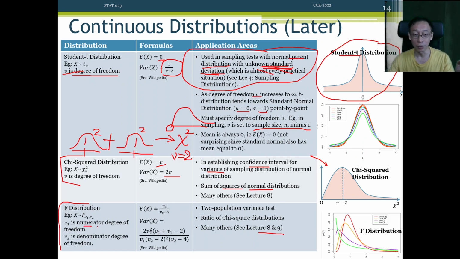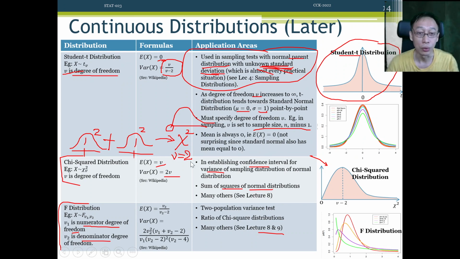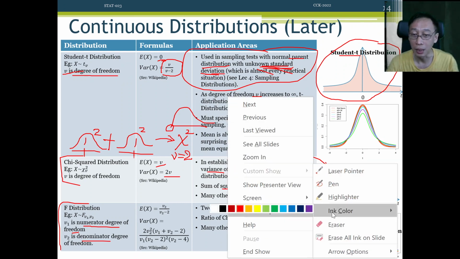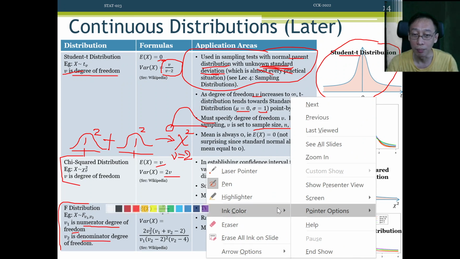We call nu1 the numerator degree of freedom, and nu2 is the denominator degree of freedom. And that sounds a little bit strange until you allow me to again draw a picture quickly to show you what we mean by numerator and denominator.